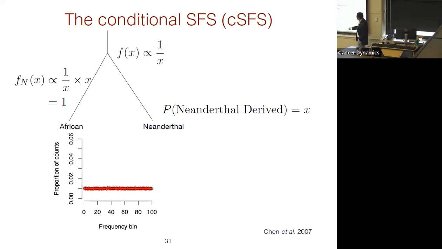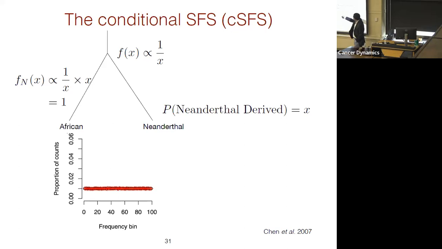This result holds independent of any population size changes in the African population. So this holds no matter what the history of population sizes in Africa was. That's useful for us when we're trying to build demographic models, where we don't have to worry about those kinds of complications. And as to why this uniformity assumption holds, the proof is actually quite straightforward and slick.